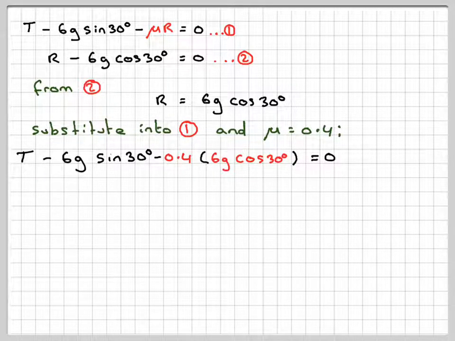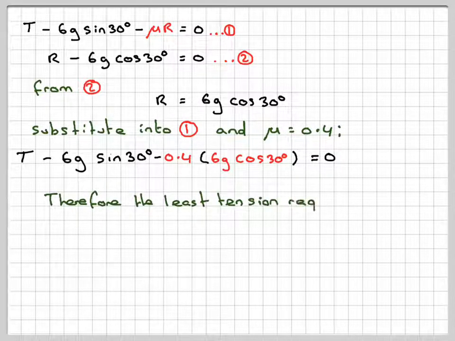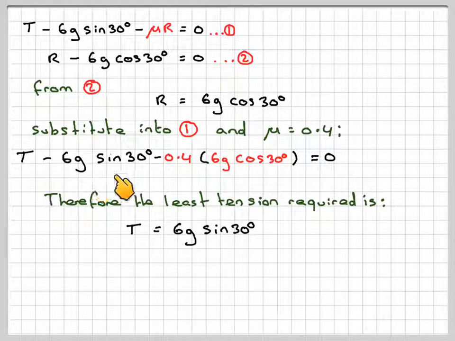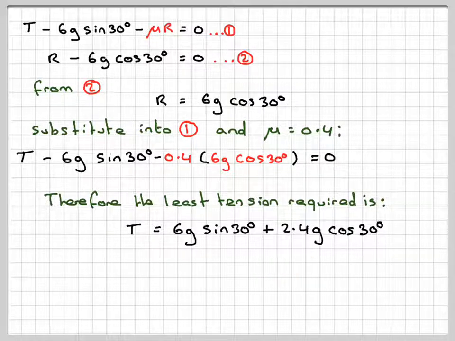We now make T the subject. Therefore the least tension required is given by T equal to 6g sine 30 plus 2.4g cos 30, since minus 0.4 times 6 is 2.4, and it becomes plus when it moves over to this side.